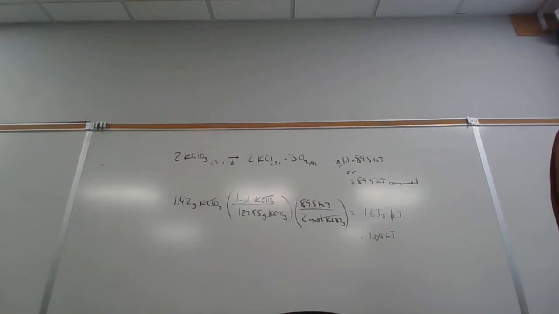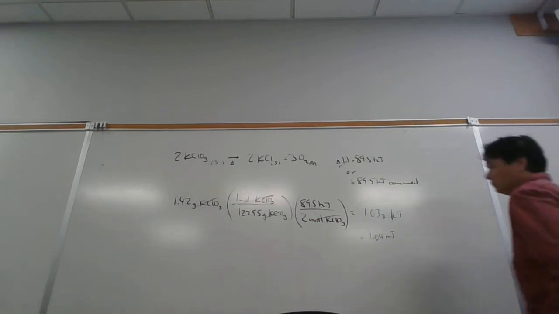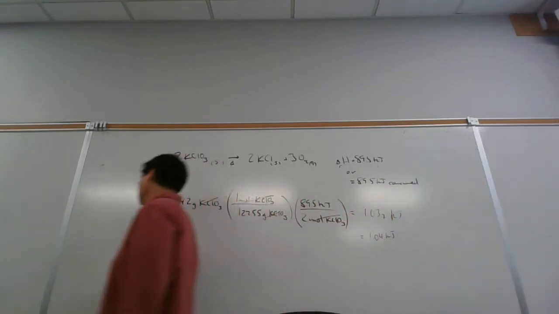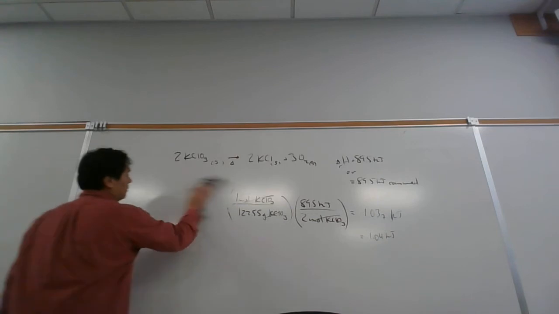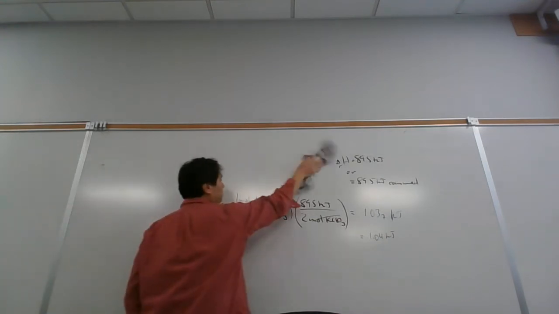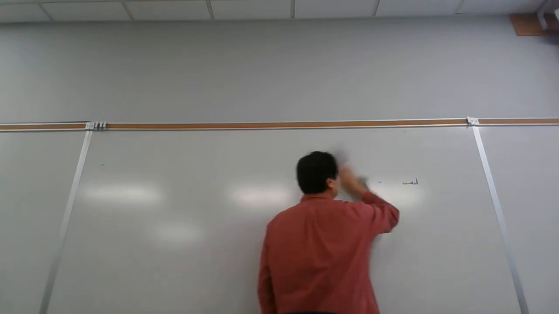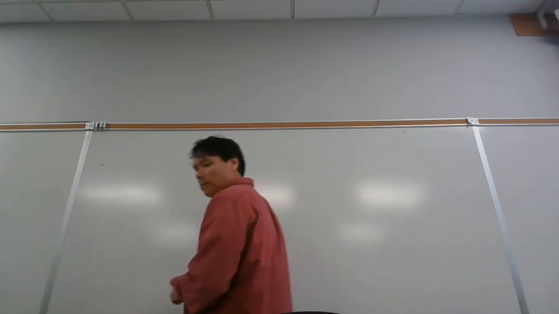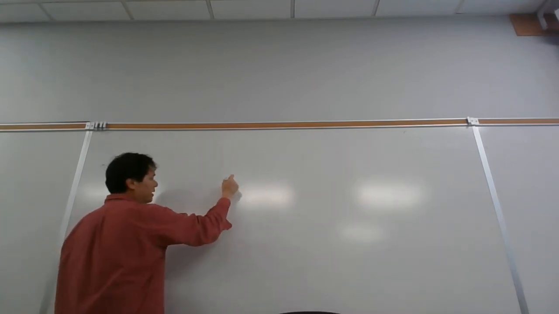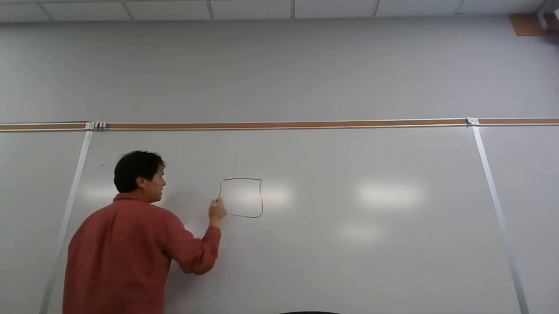Okay, in stoichiometry, we're going to have a number of more challenging problems here. And the more challenging problems involve percentages. So basically, when we're dealing with percentages, we add a couple more branches.